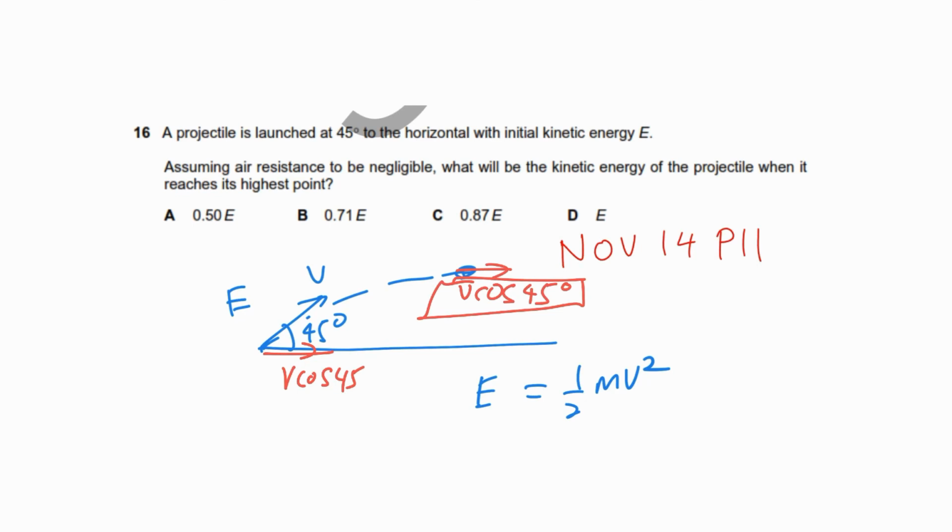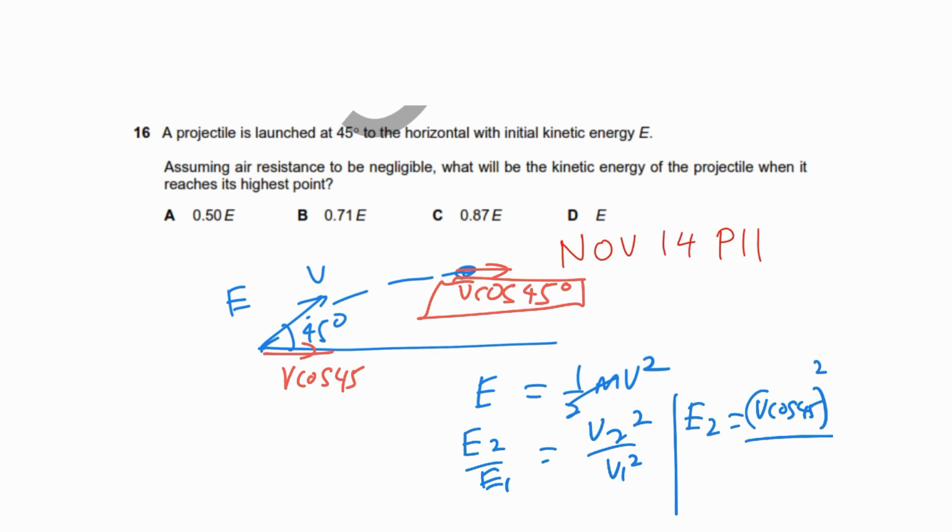So using the ratio method, E2 over E1. Half m is constant, so you don't need to write it down. So it's V2 squared over V1 squared. Remember your V2 is your new speed, so it's V cos 45. Don't forget to square it, over the original speed squared. Then this will be over E1.